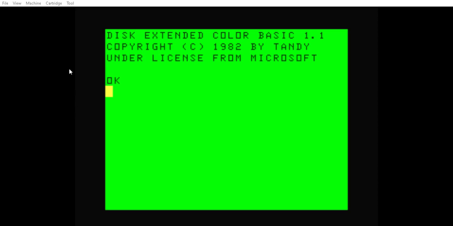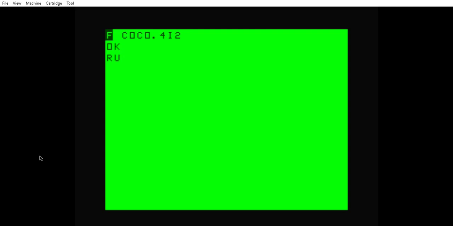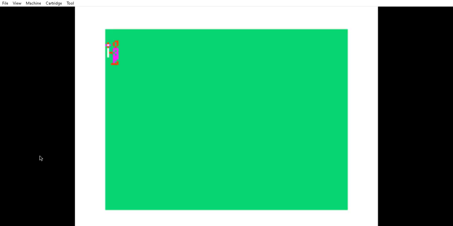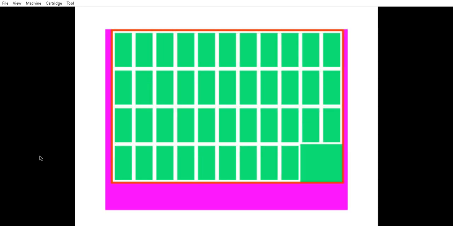Let me get into that directory. I am on version 4i2, which is quite a lot. I'm almost through the alphabet. Let's see if this works. No, it won't. I'm moving the joystick right now and it doesn't work.